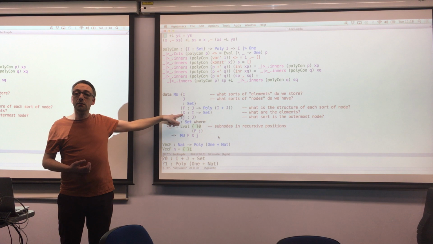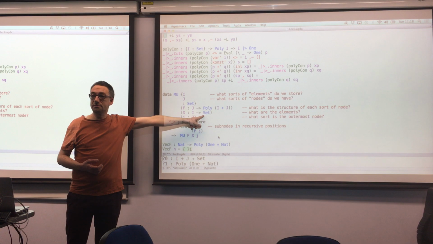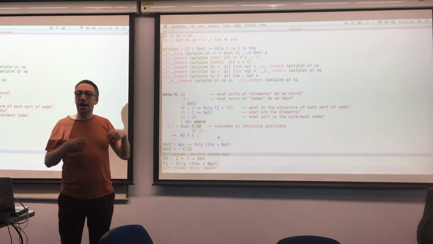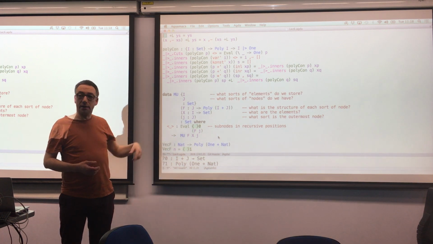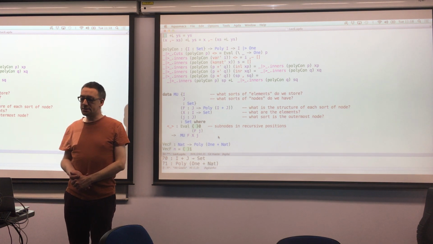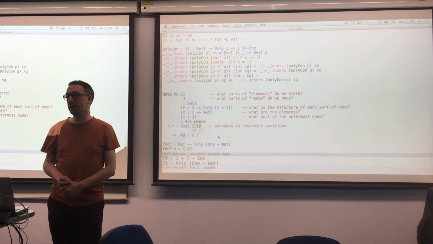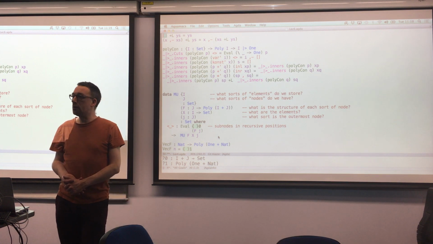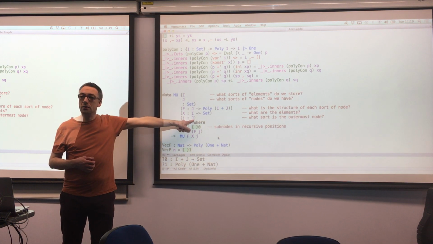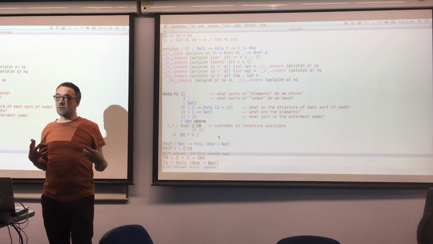Then to build the whole thing, we'll need to know how to interpret the element sorts as sets. That's where we plug in the element type. And lastly, we need to know which sort is the sort of the top node. So if we're building a vector, we need to know how long. So we have to pick one of our sorts of structures as the sort we start with.